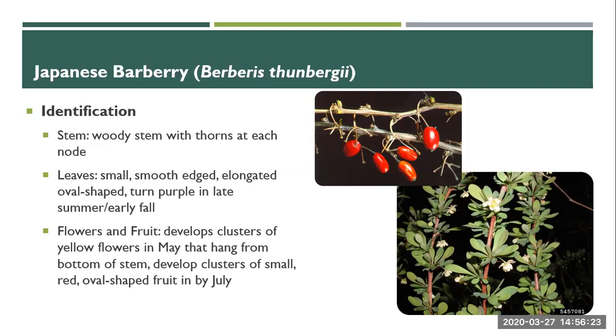The Japanese barberry develops clusters of yellow flowers in May that hang from the stems, as you can also see in the photo. And then as the summer progresses into fall, they will turn into clusters of oval-shaped red berries that will overwinter.